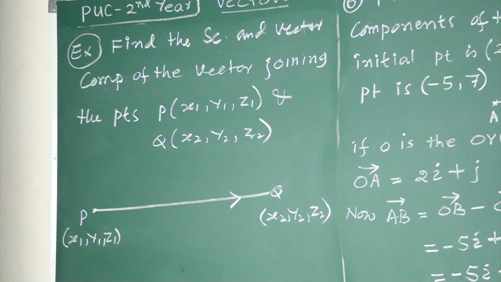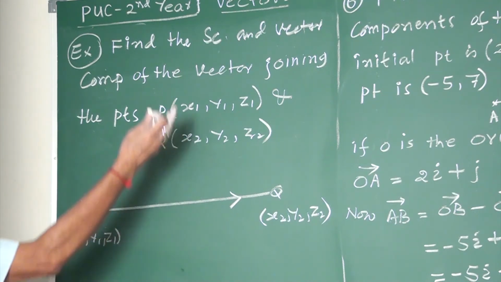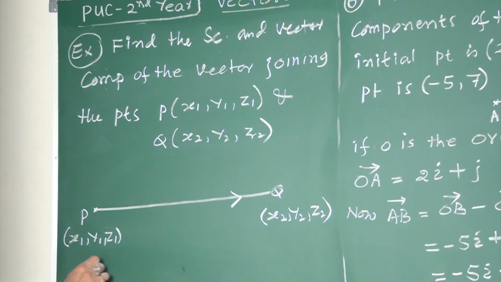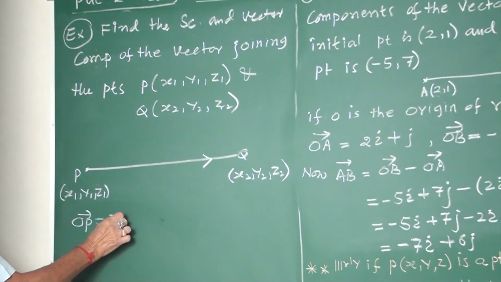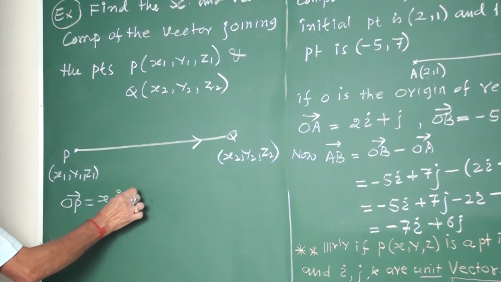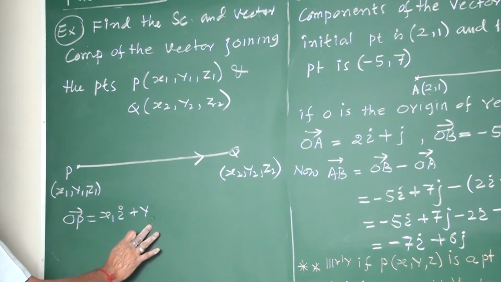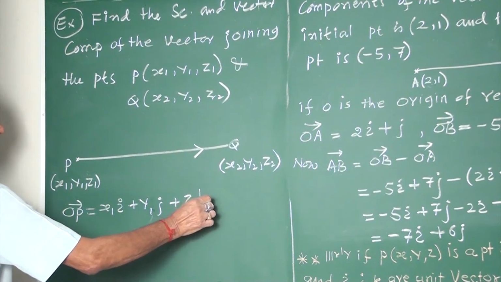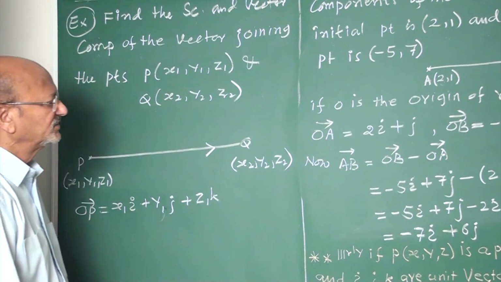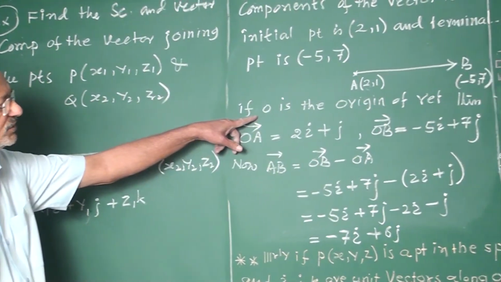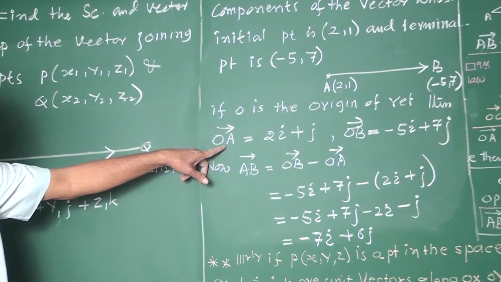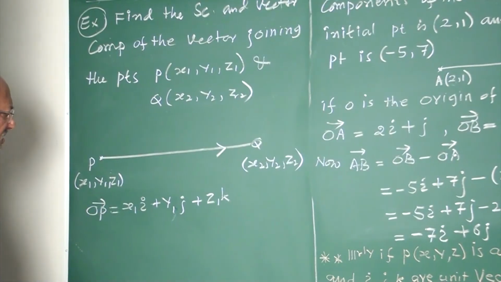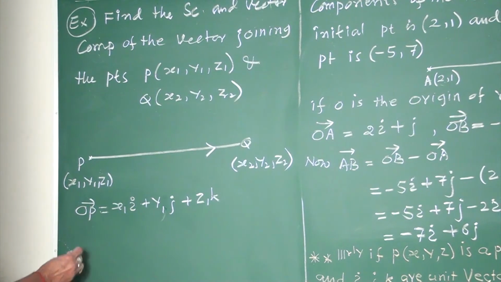You have to write: if O is the origin of reference, position vector of the point P, OP, is x1i plus y1j plus z1k. I have written it directly, as with OA and OB before. Now, anyway, you know it. Direct. Next, OQ.